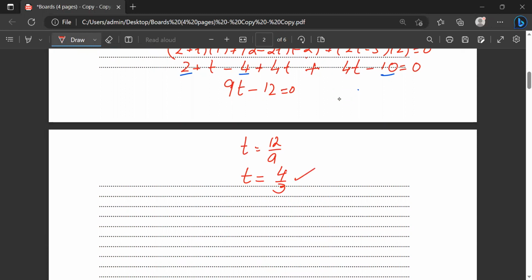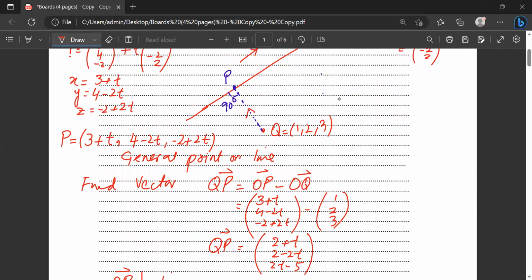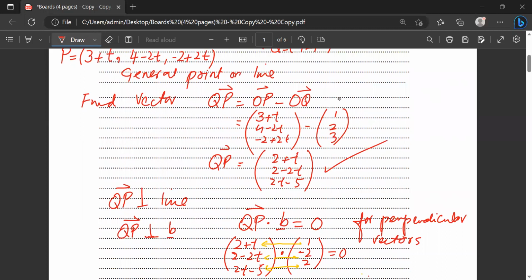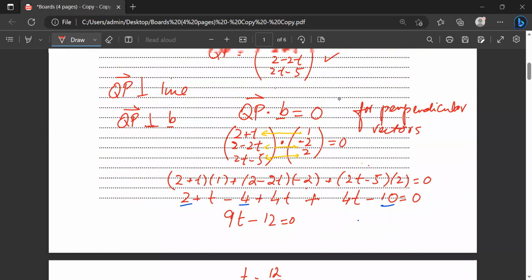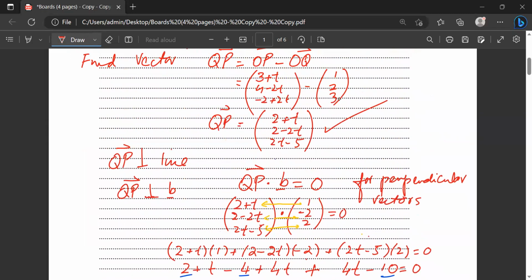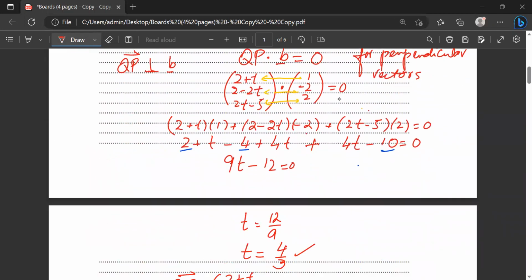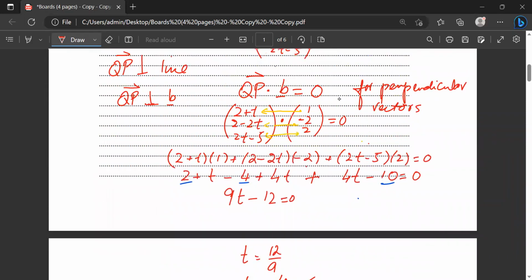After finding this value of T, we have two options: either we find the coordinates of P from here, or we simply find the vector QP and find its magnitude. So the QP vector was (2 plus T, 2 minus 2T, 2T minus 5).